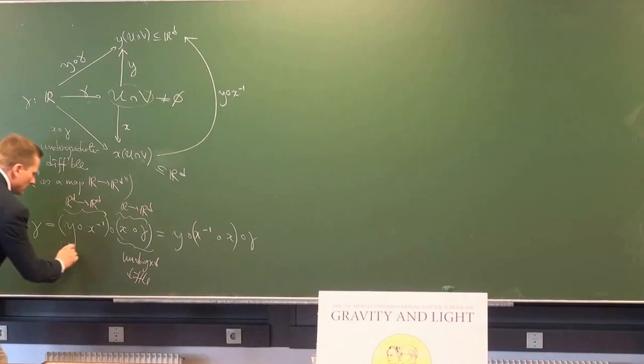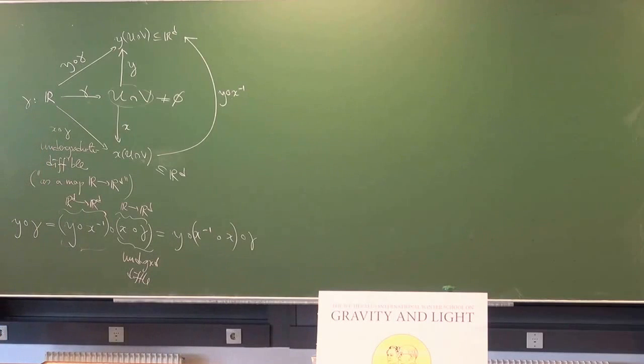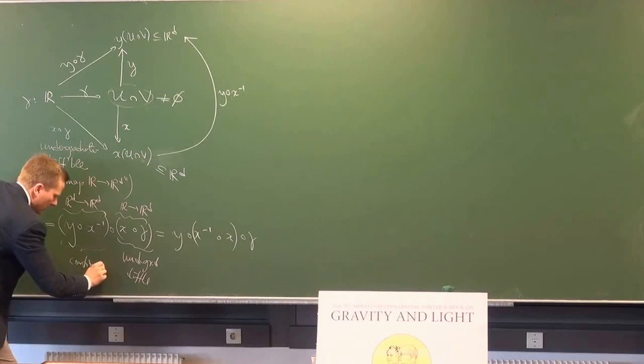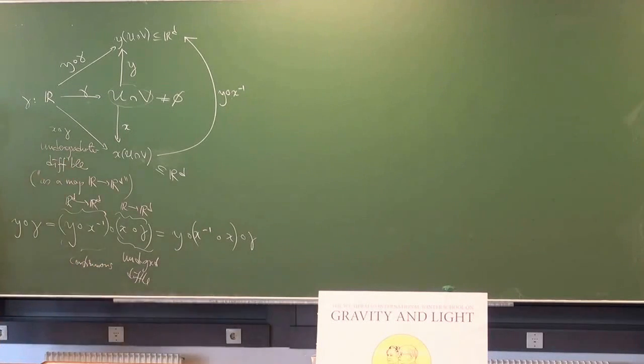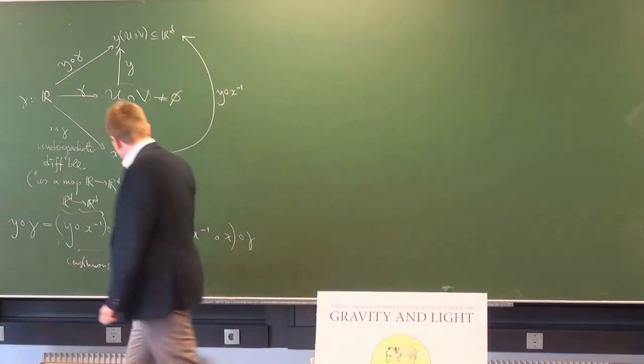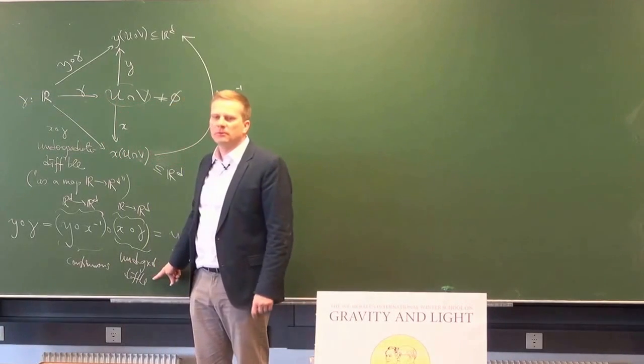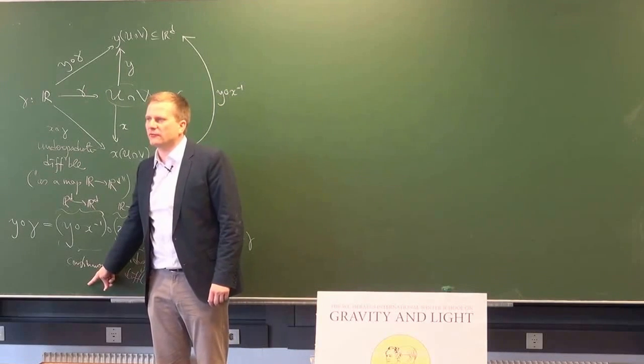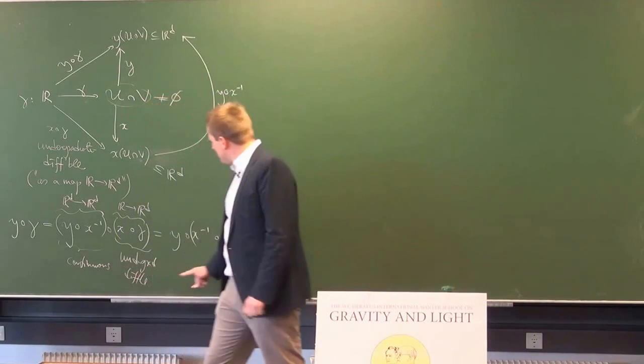And you know, however, because it's a chart in a topological manifold, two charts in a topological manifold, what you know with certainty is that it's continuous. Well, you could also call it undergraduate continuous because it's continuous with respect to the standard topology in R^D. But now you see the problem. The composition of a differentiable map and a continuous map may be differentiable, but it may not be.